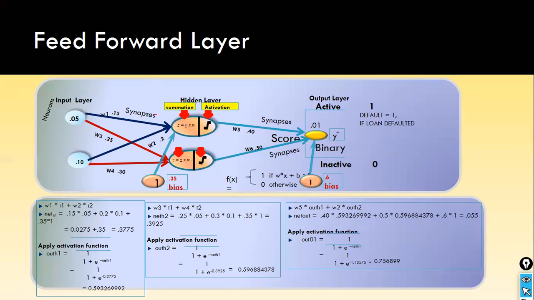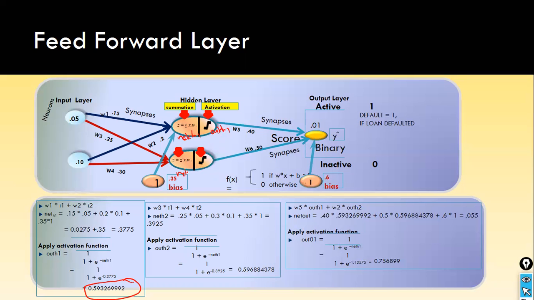For this one, the blue colored one, these two lines go to the first neuron of the hidden layer. After applying the activation function, we get this value. Similarly for this one. This is called your net H1, this is out H1.